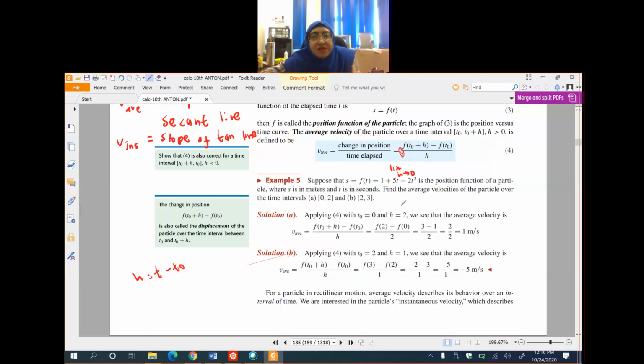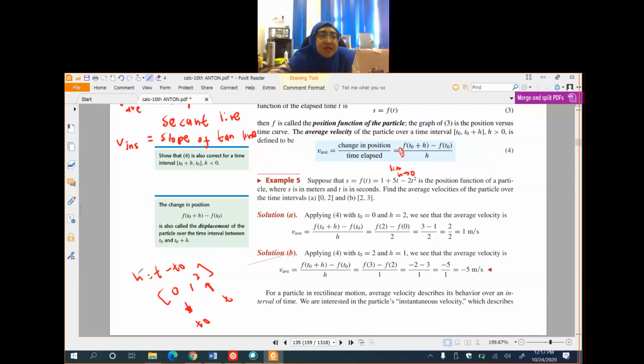Okay, so the average velocity will be f of t naught plus h minus f of t naught divided by h. So t naught plus h here will be t. So our t is 2, and the range is 0, 2. So this is our t, and this is our t naught. The difference between these 2 points is h.